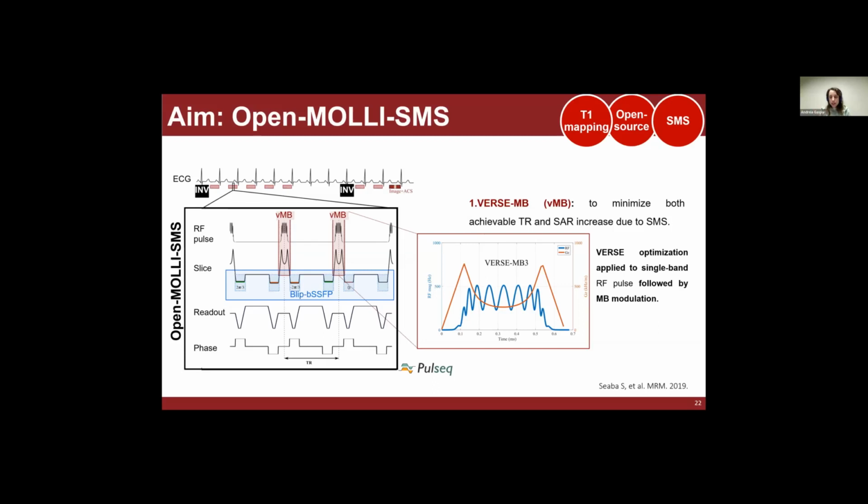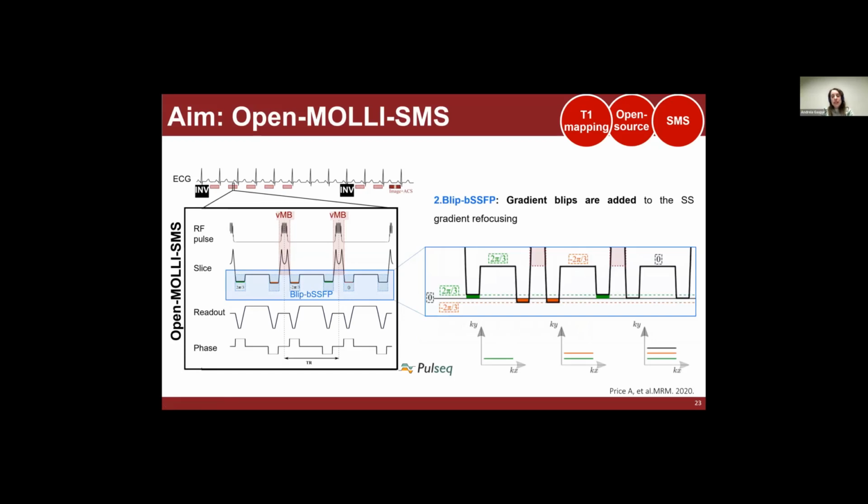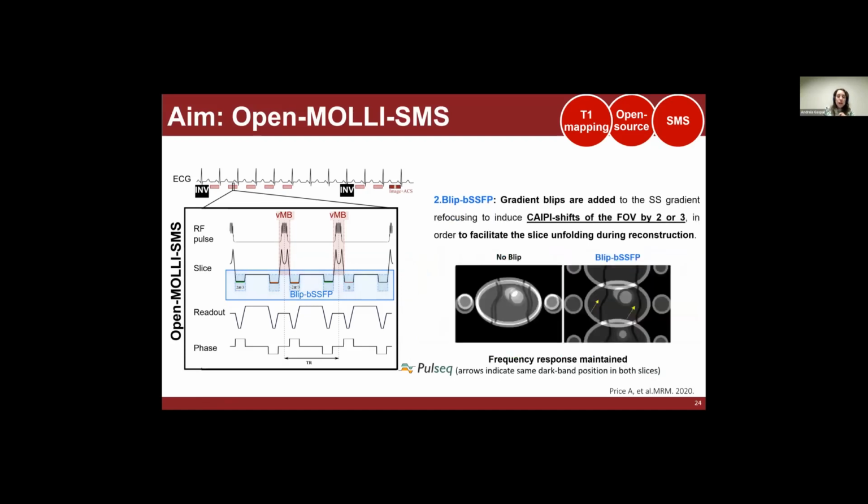Then we use a blipped balanced steady state free precession, which allows us to shift one slice relative to the other and makes it easier to unfold the slices afterwards. By introducing gradients in the slice direction instead of doing it in the RF pulse, we are able to maintain the artifacts in the same position and not change the pass bands that I mentioned.